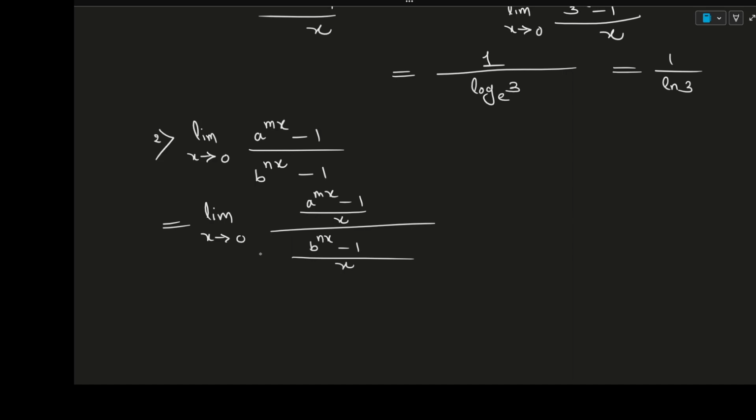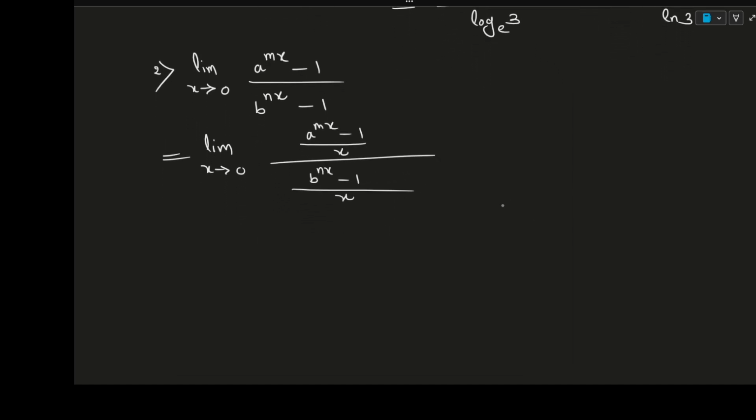In order to apply the formula that we have derived above, we just have to make sure that the question is in the standard form. Here we identify that in the numerator it is f of x, but in the denominator it is only x.